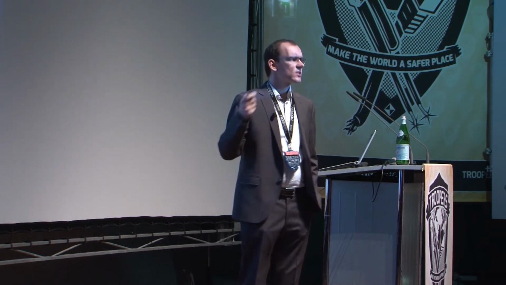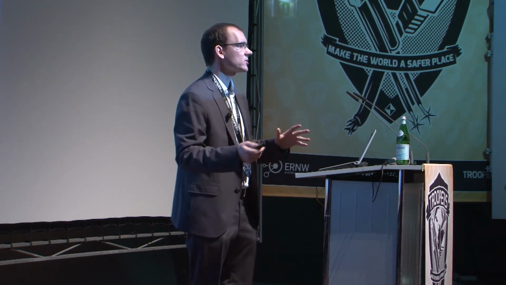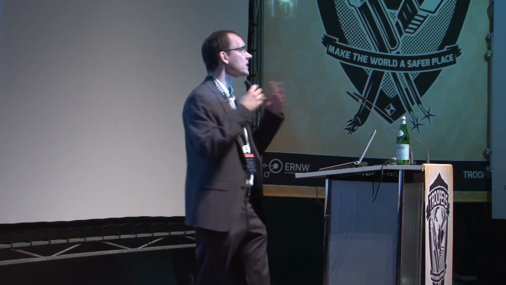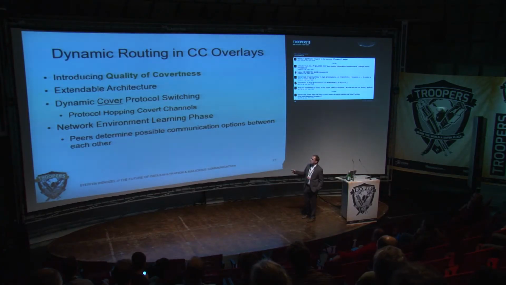He built an extendable architecture where you can exchange the covert channel techniques in a transparent way. So you can add lots of new technologies. You can add a new hiding technique for HTTP or a new timing channel or whatever you want. It doesn't matter. I show you later. He implemented my concept of protocol hopping covert channels and the network environment learning phase.